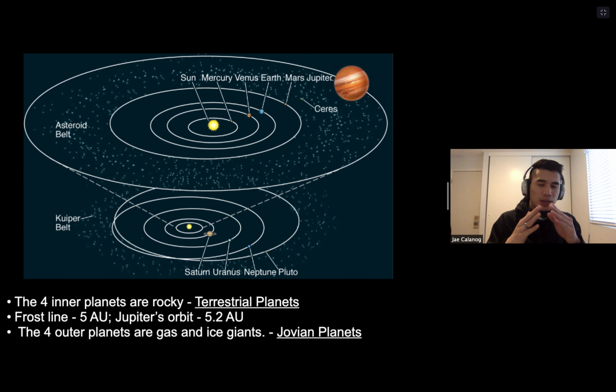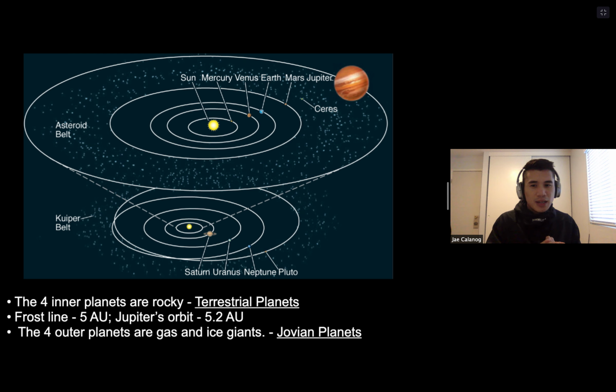Now, knowing that rocky materials can withstand the high temperatures closer to the sun, whereas hydrogen compounds can only live past 5 AU, correlate that with the composition of the four planets that are closer. Those are the four inner planets, or the terrestrial planets. When we theoretically calculated the frost line, it was at about 5 AU.